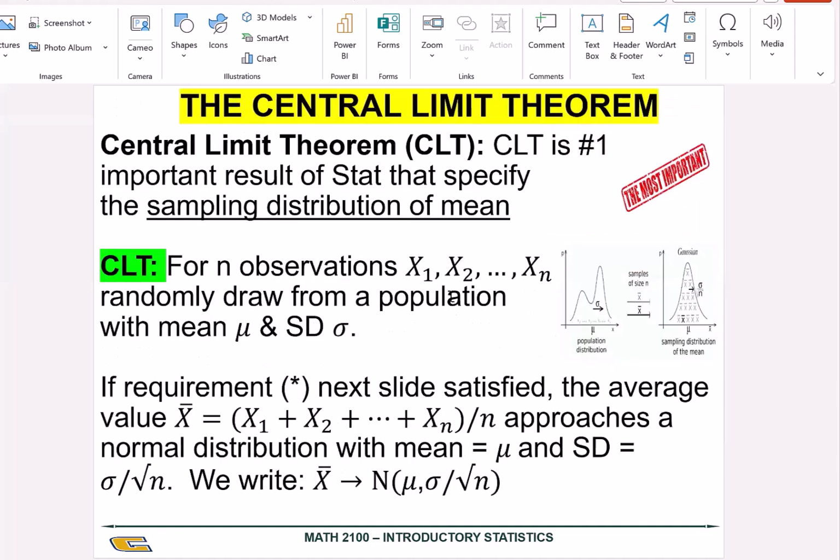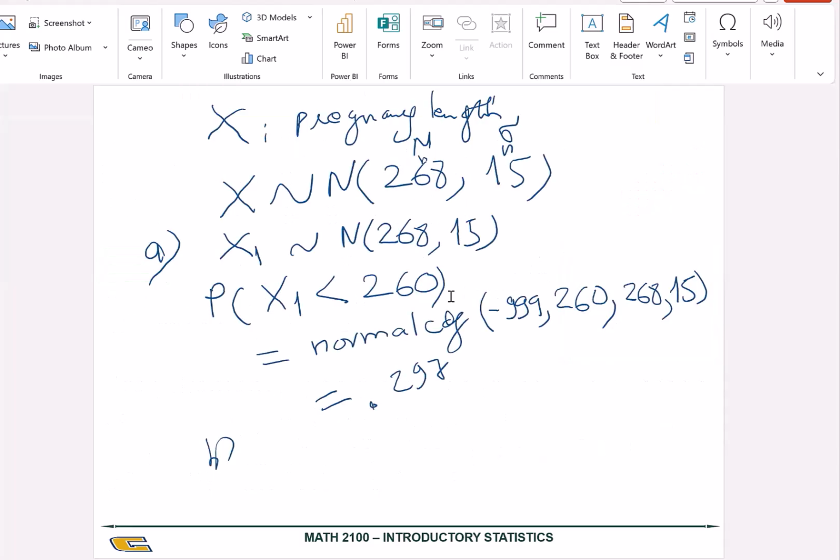It tells us X bar will follow a normal distribution with mean mu, in this case 268, and standard deviation sigma divided by square root of n, in this case 15 divided by square root of 10.